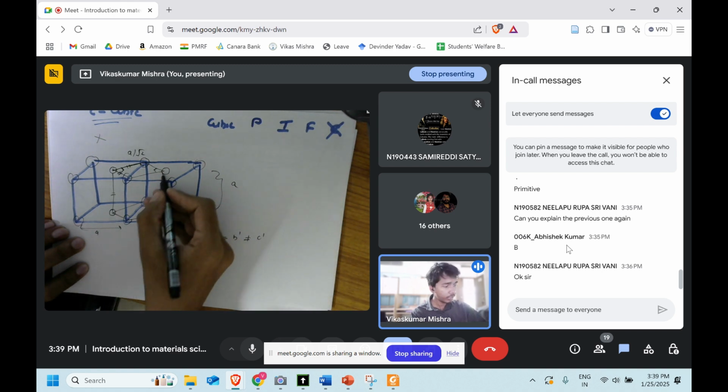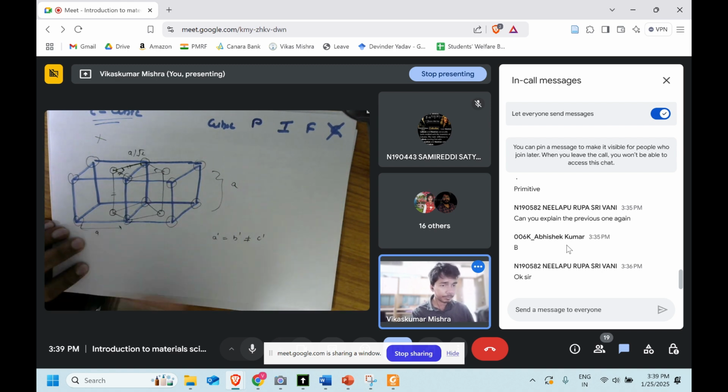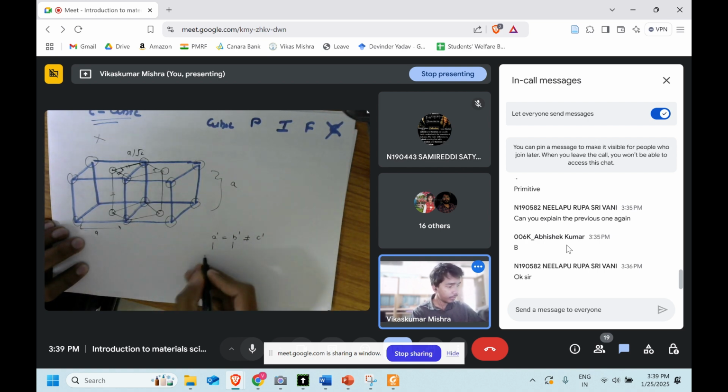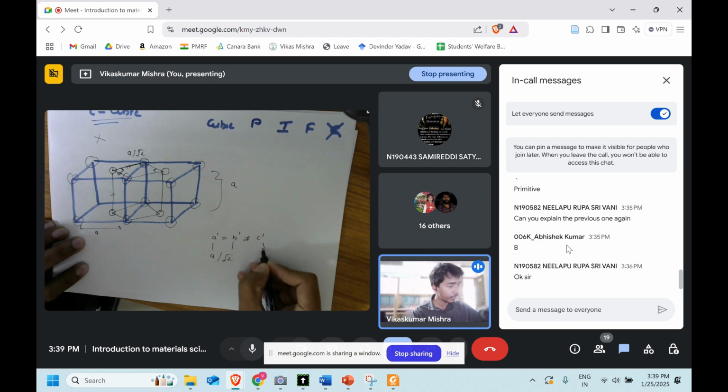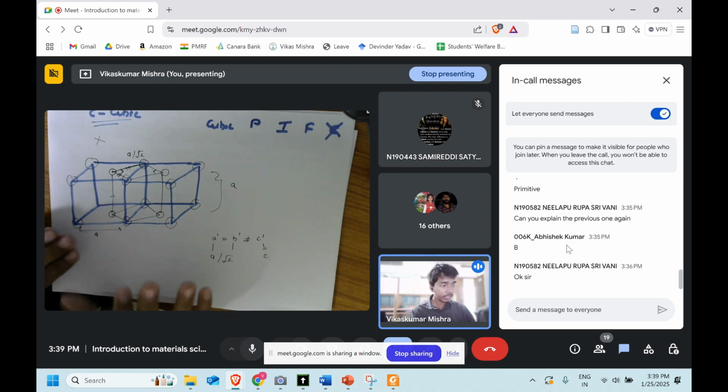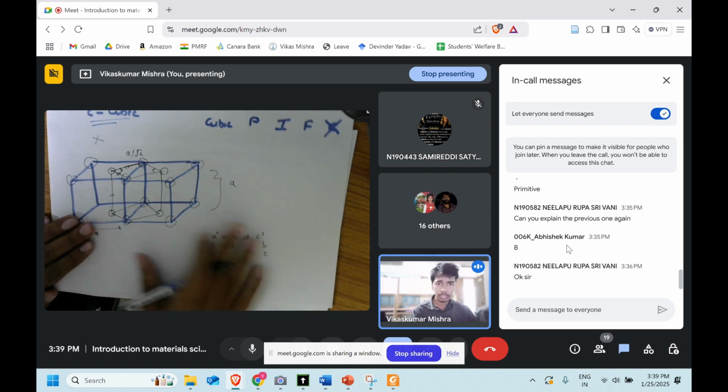This is my c, this is my a and b. A dash and b dash are a by root 2, c dash is c, and all the angles are 90 degrees. So we can classify that this has converted to the tetragonal.